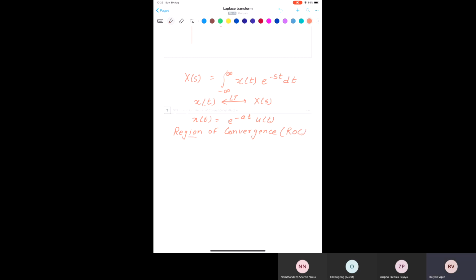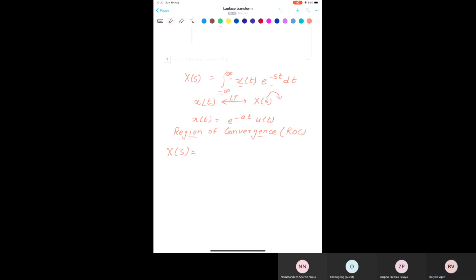So it defines where this X of s converges, or convergence here means that the signal in s domain, because we are changing our x of t to X of s, where it will converge, or you can say where it will exist. So if x of t is given to us and we need to find the X of s of it, then using this formula, X of s will be from minus infinity to infinity, x of t and so on.